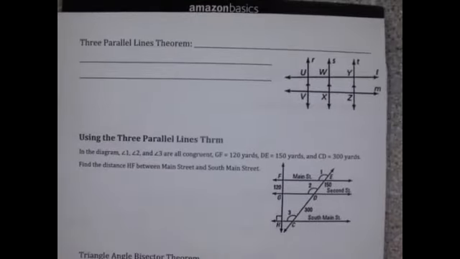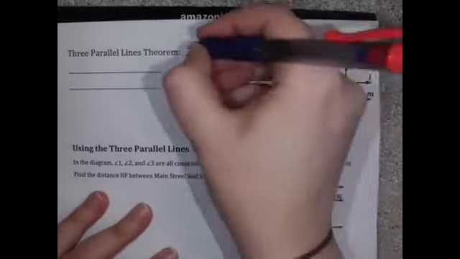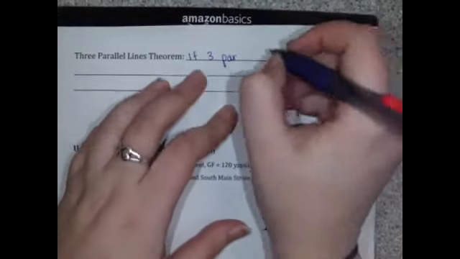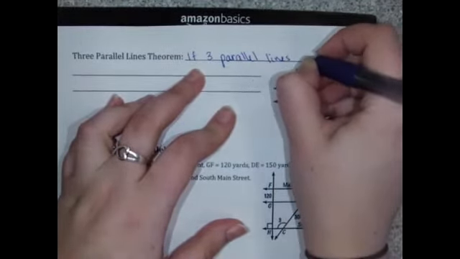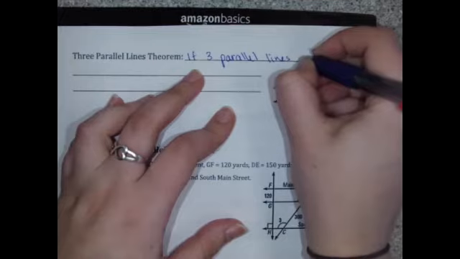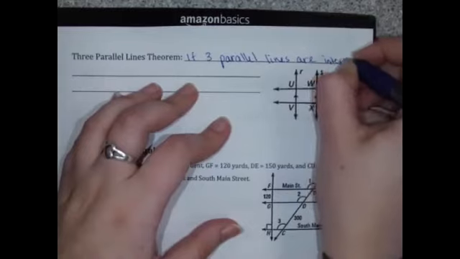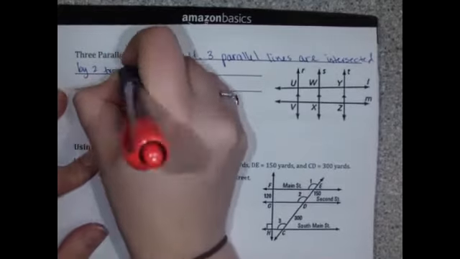We have two more theorems today. One is the three parallel lines theorem. If three parallel lines are intersected by two transversals, then they divide the transversals into proportional pieces.